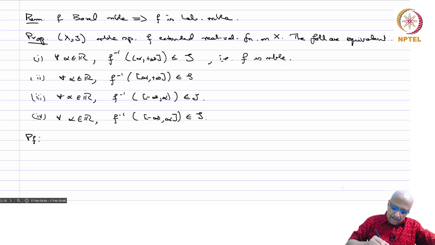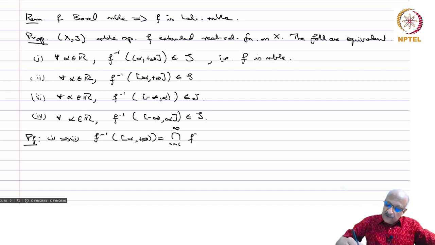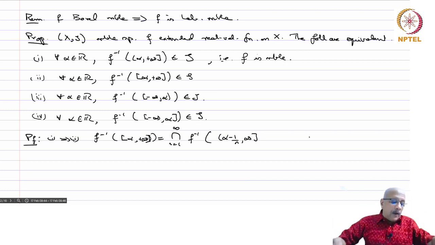So proof: 1 implies 2. f inverse of [alpha, plus infinity] is nothing but the intersection, n equals 1 to infinity, of f inverse of (alpha minus 1 by n, infinity], and since each of these is in S, the intersection is in S, and therefore this is also in S.